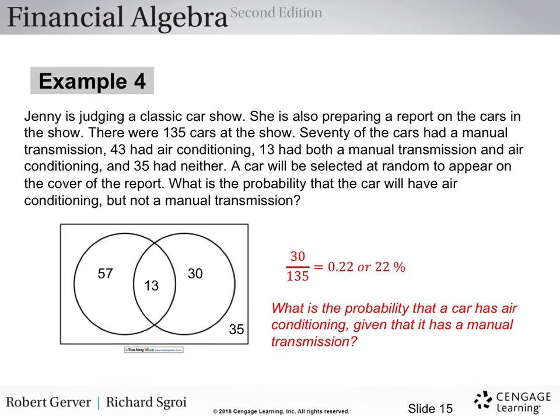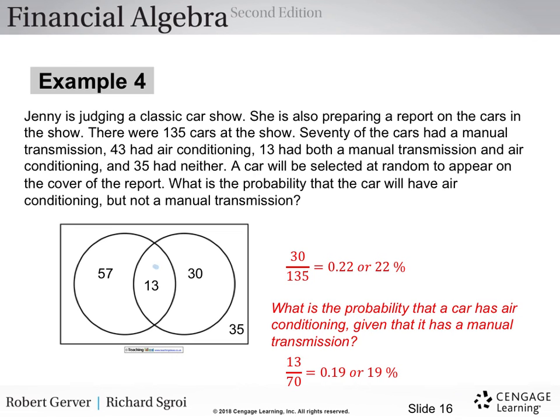So let's take this same problem a step further. What is the probability that a car has air conditioning given that it has a manual transmission? All right? So we're saying AC, we know it has manual transmission. What's the probability that the car has air conditioning as well?